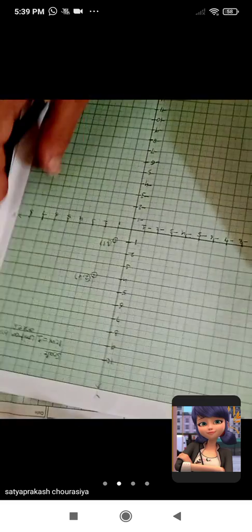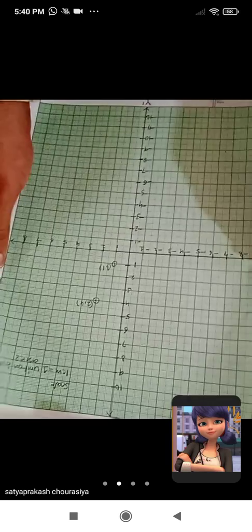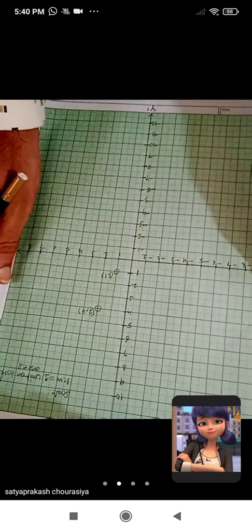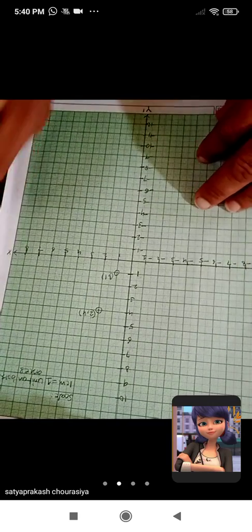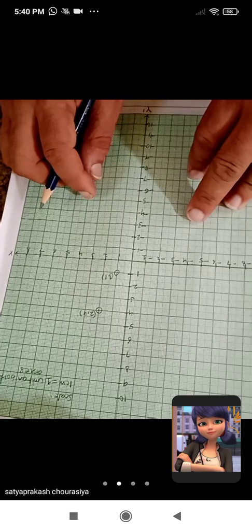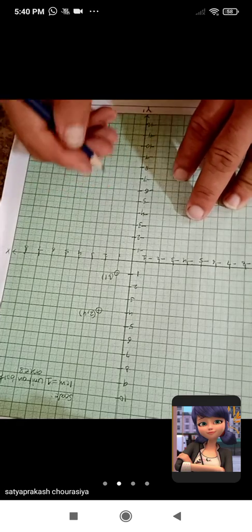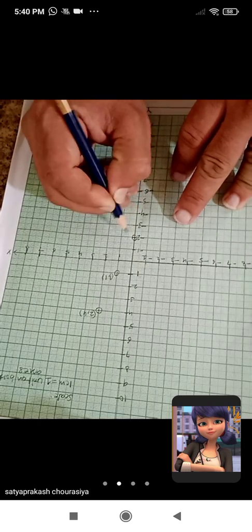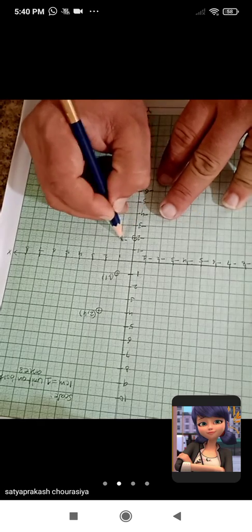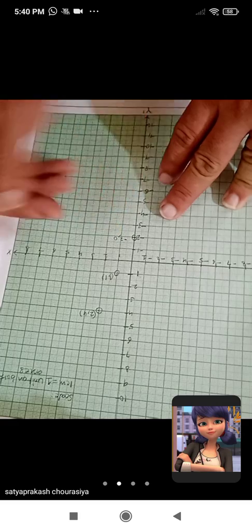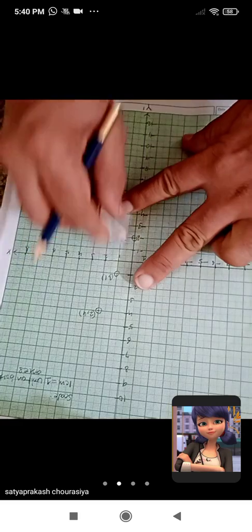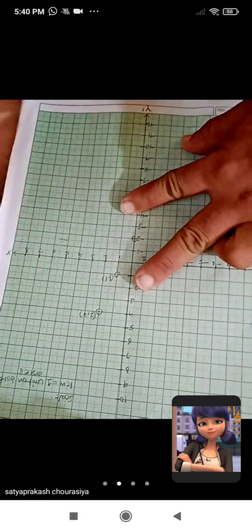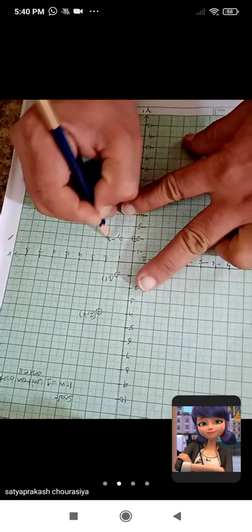Now here x coordinate is 0 and y coordinate is -2, so this will come on the y-axis, and here y value is negative, so this will come on the negative side of the y-axis, so it is here, 0 comma -2, because we have to write down the x coordinate first.